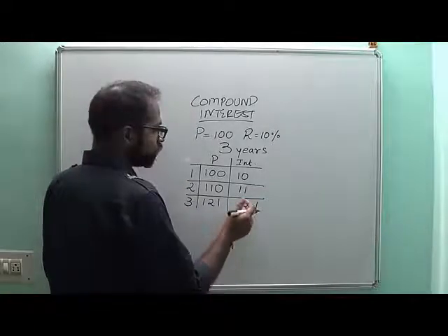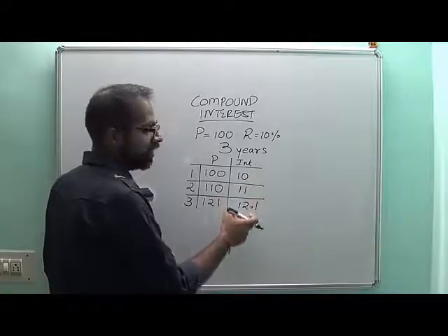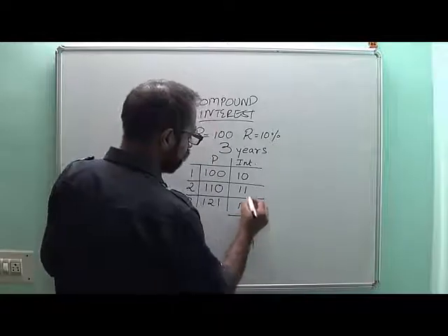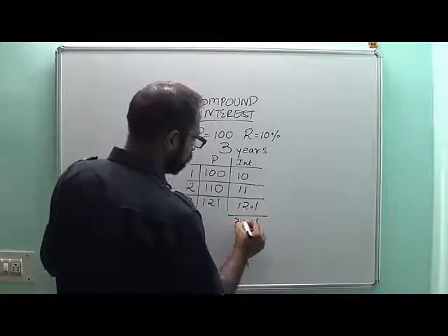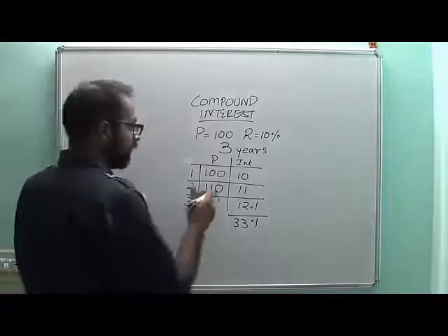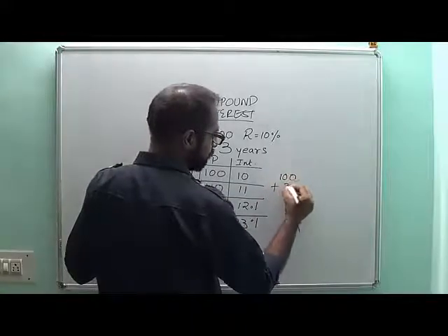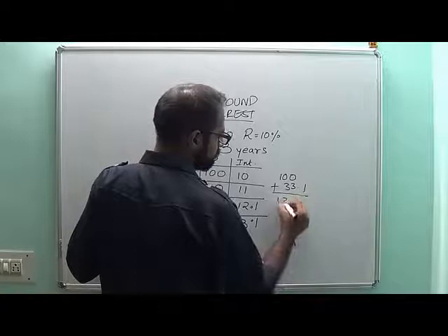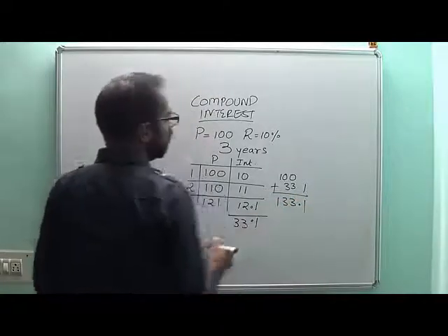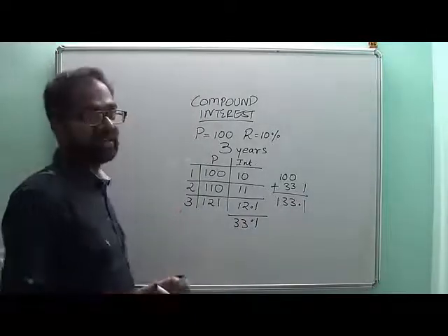So instead of 10, the second year I earned 11, and in the third year I earned 12.1, which means now I earn a total of 33.1 rupees, which means when I return the money, I get 100 plus 33.1, which makes it 133.1, as opposed to the 130 rupees which I would have got under simple interest.